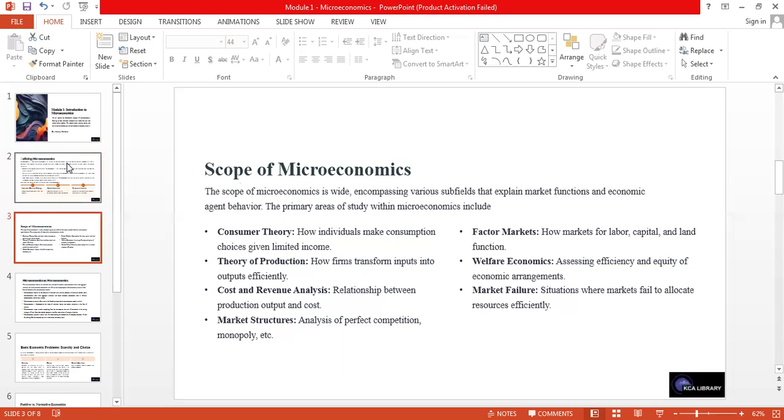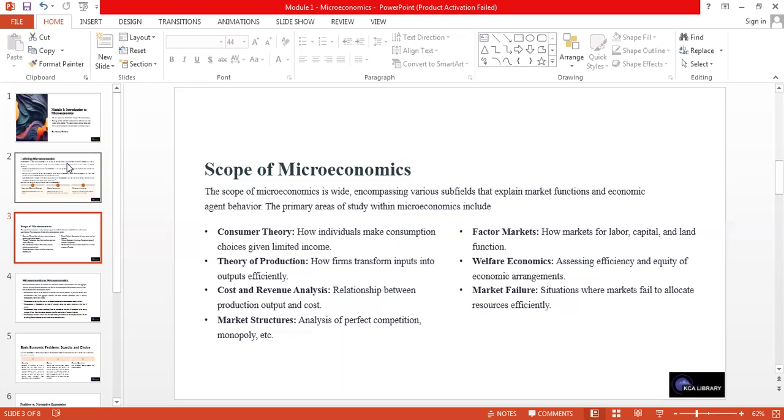What are the scopes of microeconomics? When we talk about the scope, it is actually wide, and it encompasses various subfields that explain market function and economic agent behavior. This can include consumer theory, which deals with how individuals make consumption choices given limited income.